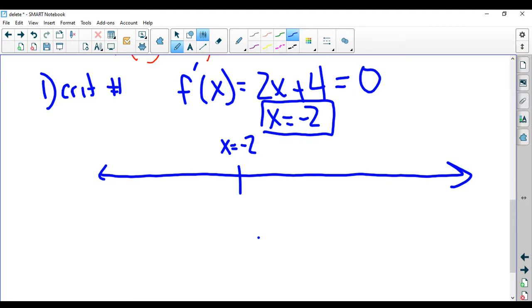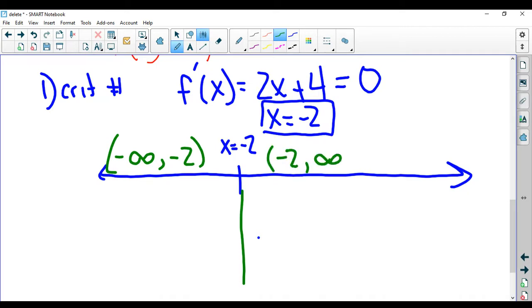And that separates this chart into 2 intervals. This is everything before -2, so -infinity to -2. That's that whole interval. And the rest of the interval is everything after -2, so that represents -2 to infinity.